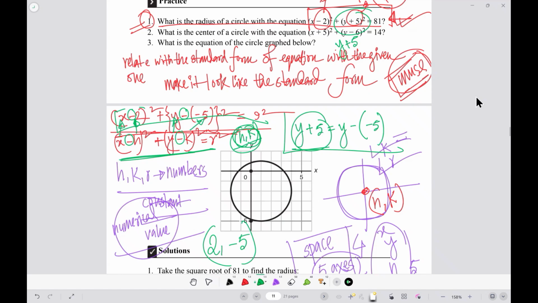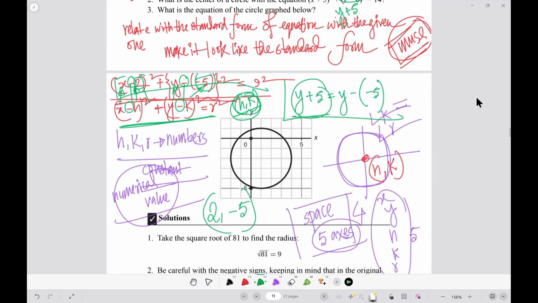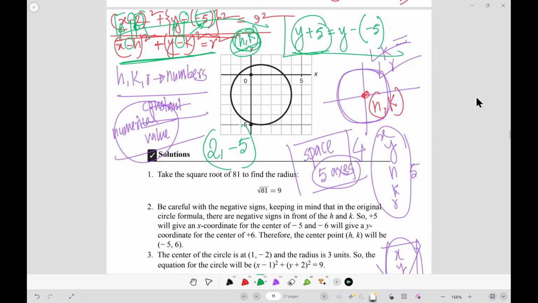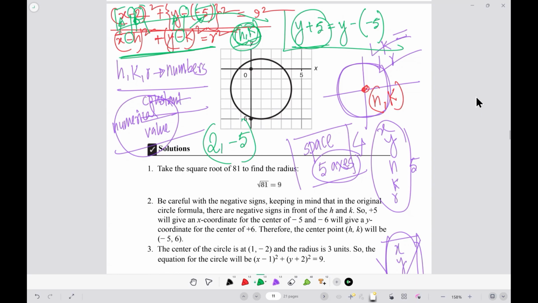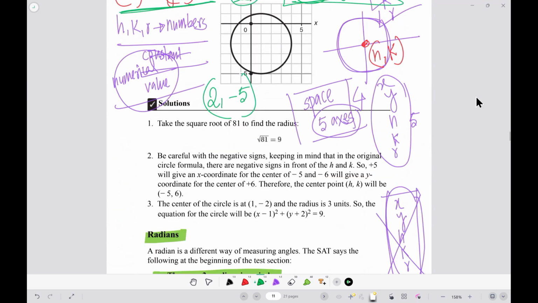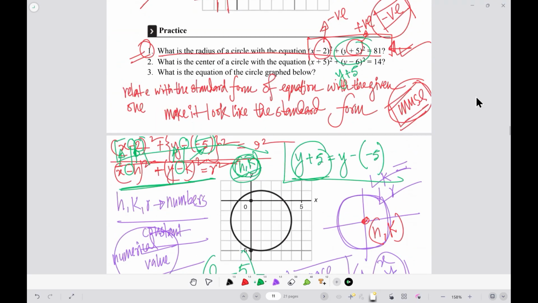We really don't need to worry about what this 2 or this negative 5 looks like, because we have already managed the negative sign. Do you understand? You just need to solve some problems. If you manage to solve some problems, then definitely you will understand this very easily.